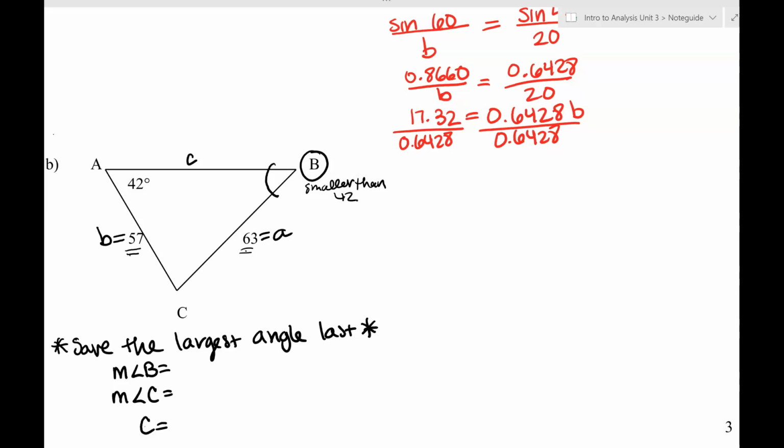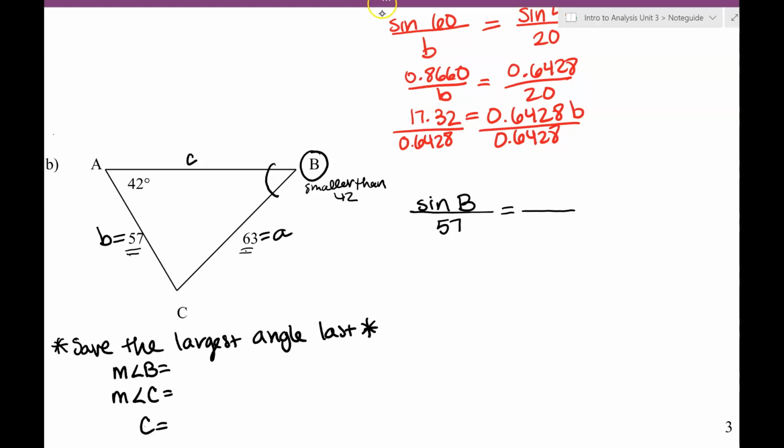Okay, so this means when I set up my equation for this problem, I know I want to use angle B. And that's the angle, so it goes in the top of the ratio with the sine, and in the bottom of the ratio goes the side across from it. Now, I need another ratio from the triangle, and I need all the information to be included because I already have my missing piece of B. I don't want anything else missing.